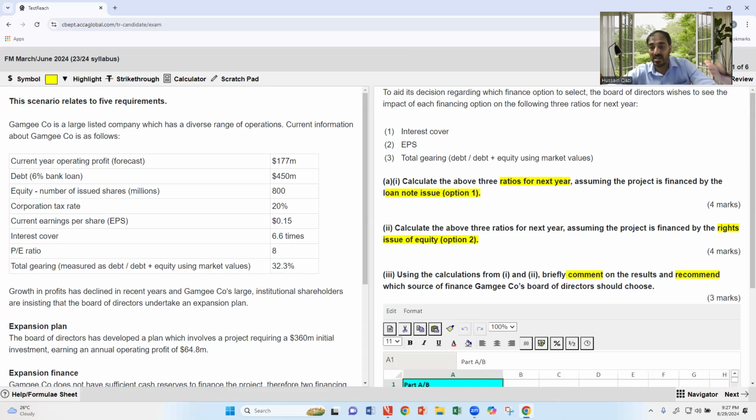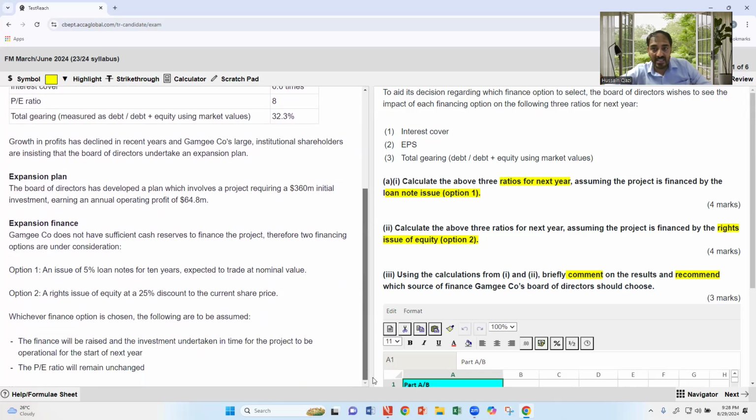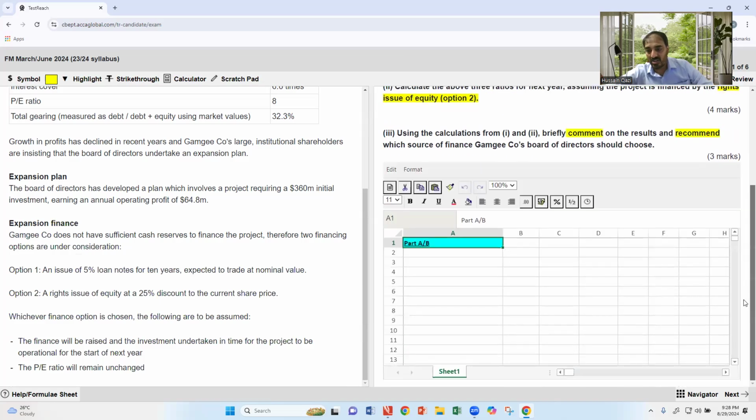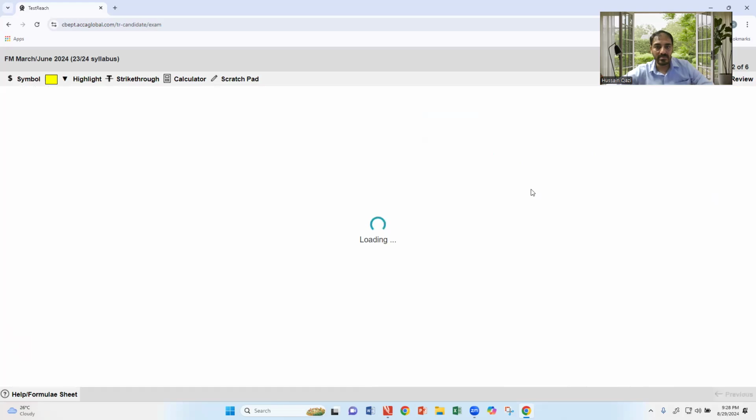There are two requirements here: commenting on the above and making a recommendation. If you just comment and don't recommend, the answer will not come. This is the first phase of the question. Out of 20 marks, here it is 4, 4, 4, that is 11 marks. What's next?